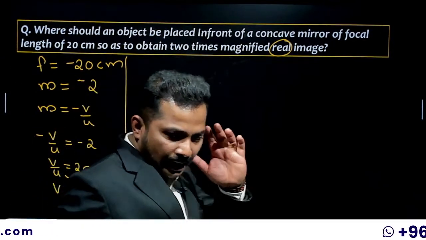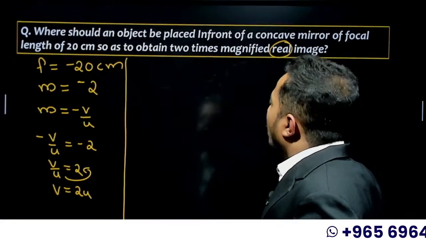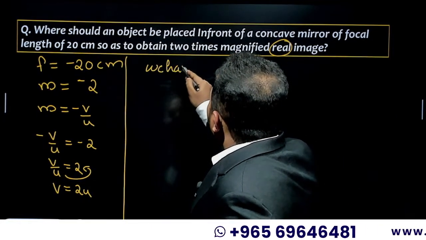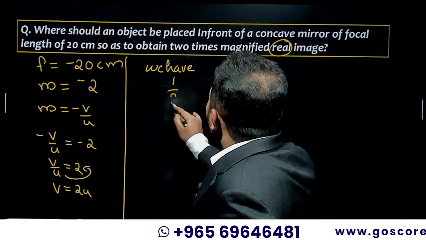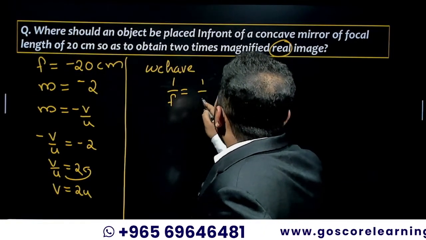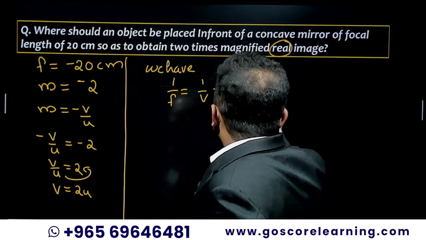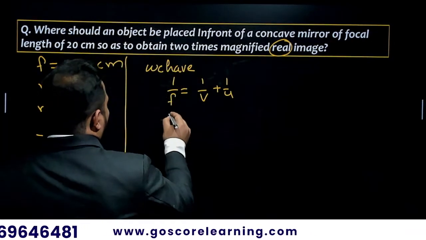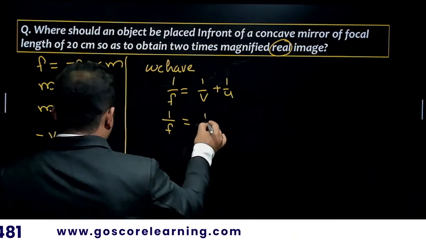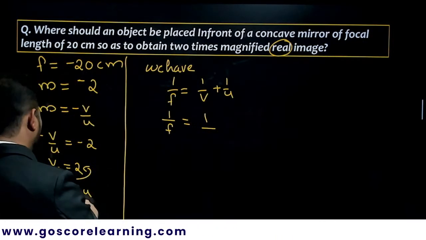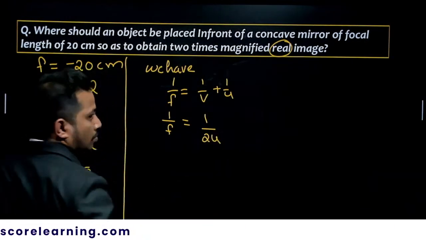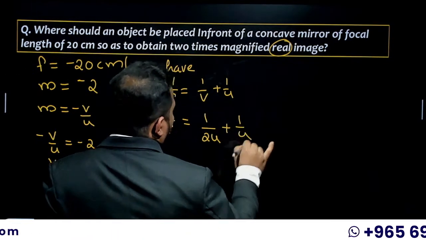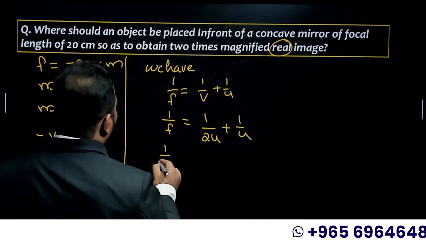Now the second stage for finding the answer: we have 1 by F is equal to 1 by V plus 1 by U. It is a mirror, so 1 by V plus 1 by U. So 1 by F is equal to 1 by, instead of V substitute 2U, plus 1 by U. What is 1 by F here?